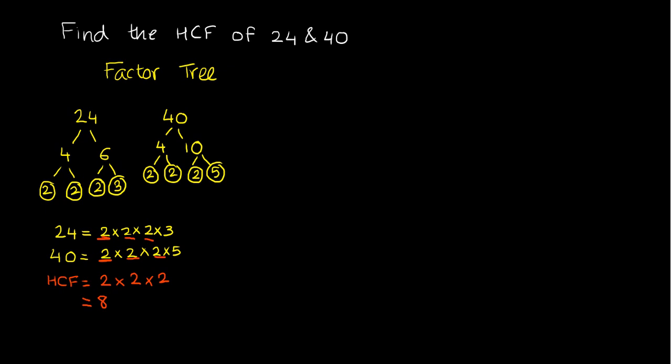Right, I'm going to use the same example, do it in a different color, green, for the ladder method. Okay, with the ladder method, I'm going to have a ladder. I'm going to have both the numbers 24 and 40.